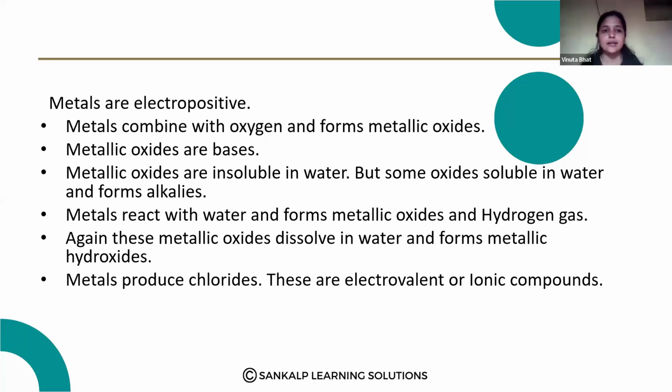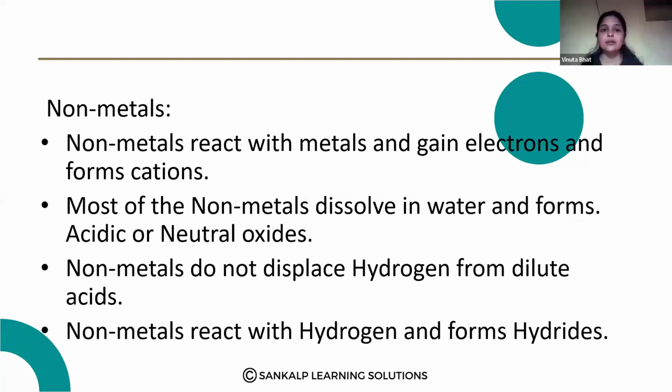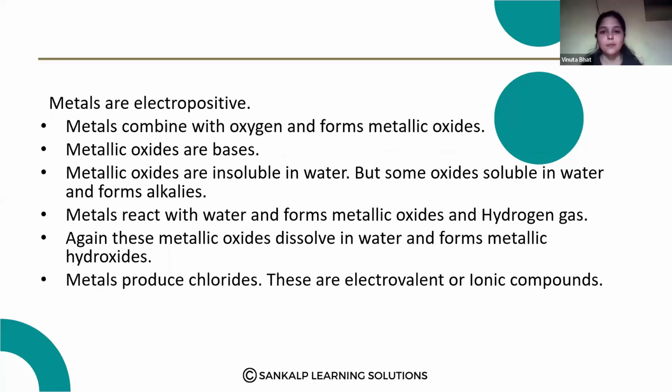And these are the characteristics of non-metals: when they react with metals, they gain electrons and form anions. Most non-metals dissolve in water and form acidic and neutral oxides. Non-metals do not displace hydrogen from dilute acids. Non-metals react with hydrogen and form hydrides.